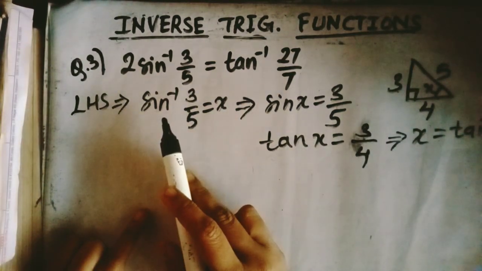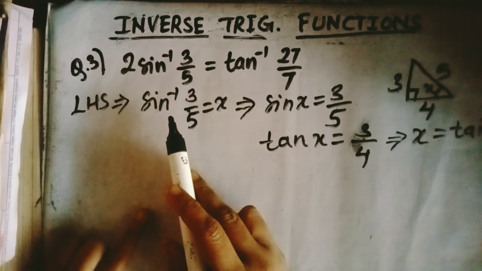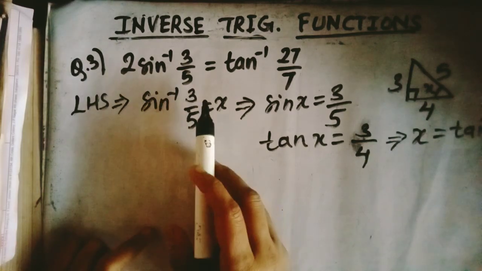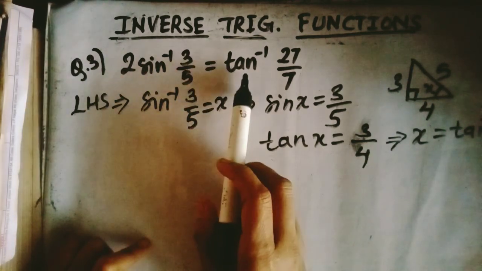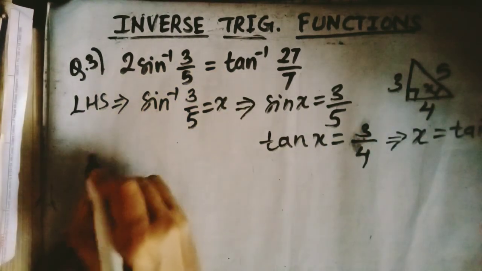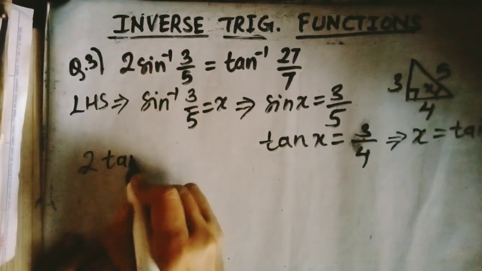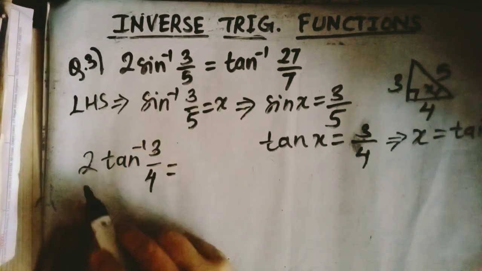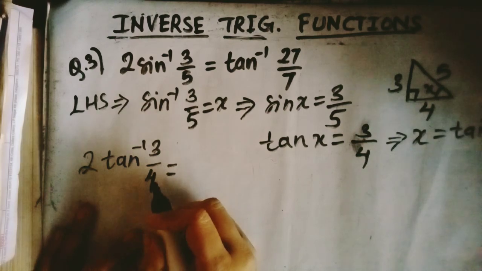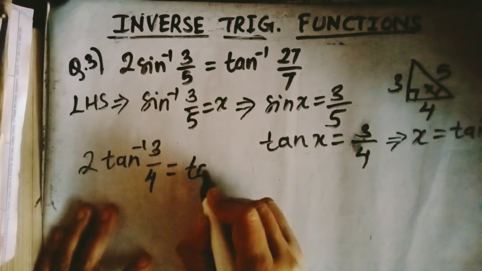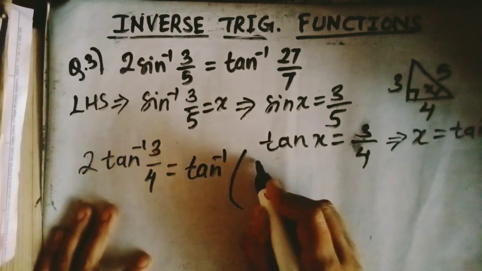Then this will be 2 into tan inverse of 3 upon 4. Now you have to use the formula, the property: 2 tan inverse of x is tan inverse of 2x upon 1 minus x square.